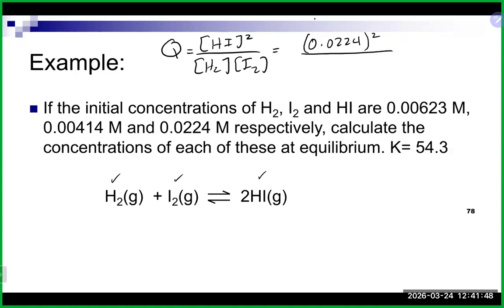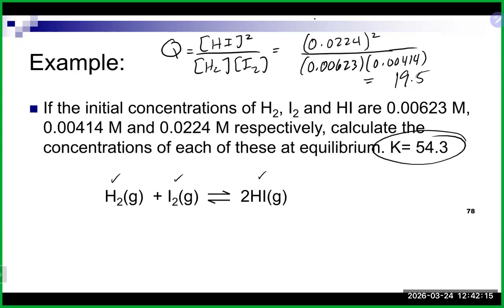We're dividing by our H2, which is 0.00623, and our 0.00414 for our I2. Putting all that into our calculator, that's going to give us a 19.5.